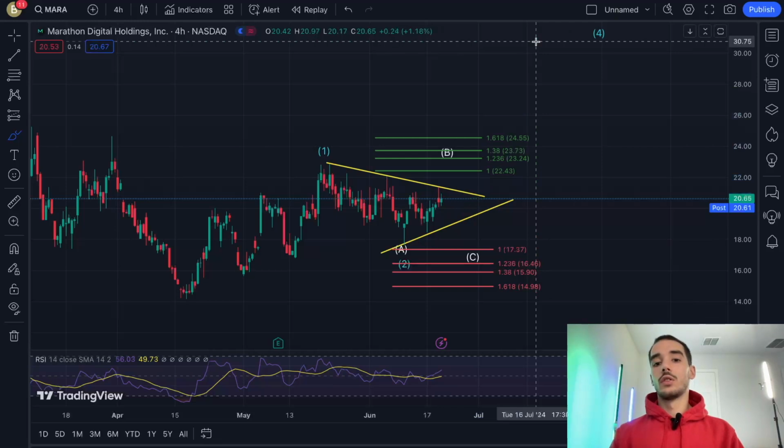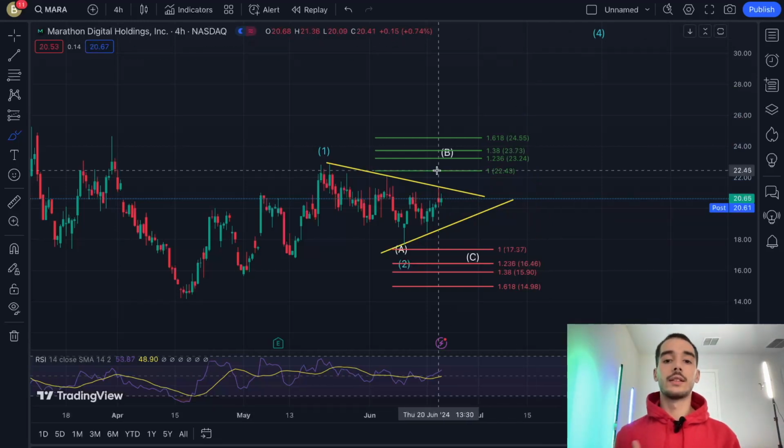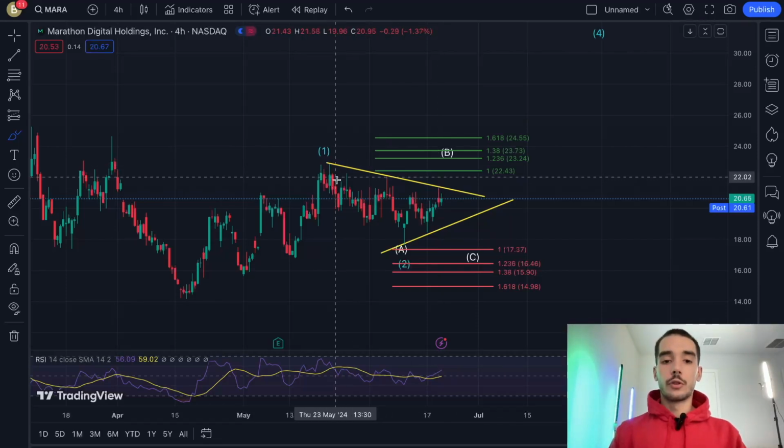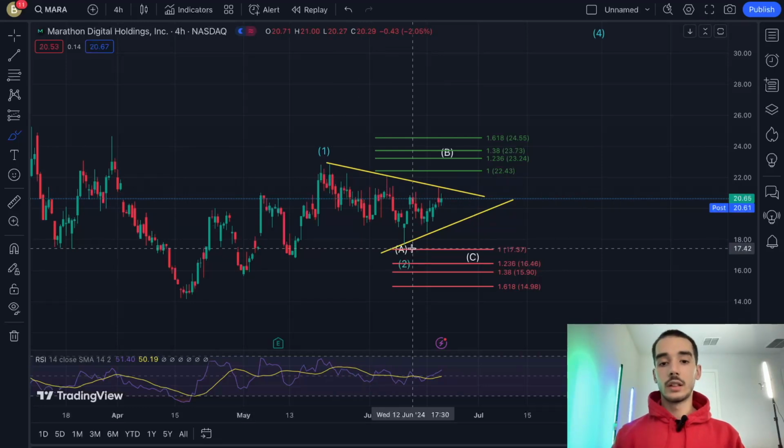So there's two scenarios right here. Although it's still possible that the 3-wave correction was already completed, I'm not seeing that. At least, I convinced myself that that's not what I'm personally looking for, because this is all my opinion. This is how I structure my trades for this stock specifically.